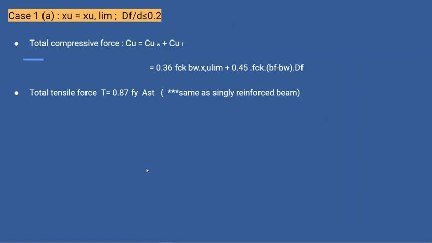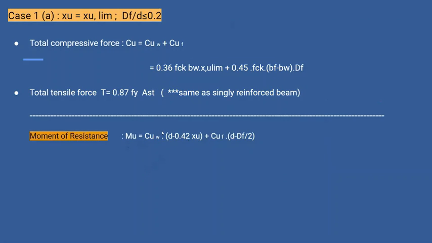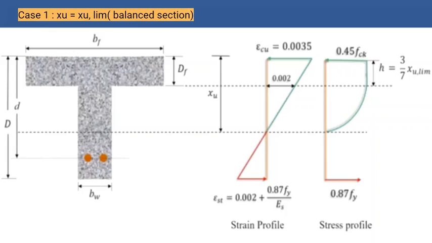So based on this, what will be mu? mu is the web force into its lever arm plus the flange force into its lever arm. This should be very easy to understand. Basically, which will be the lever arm?